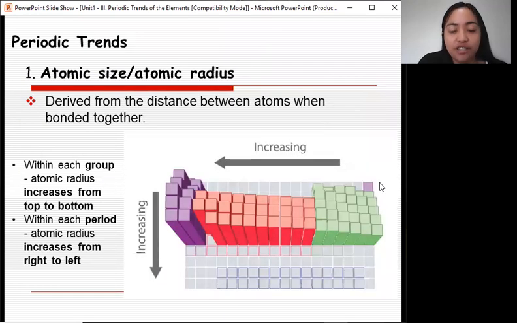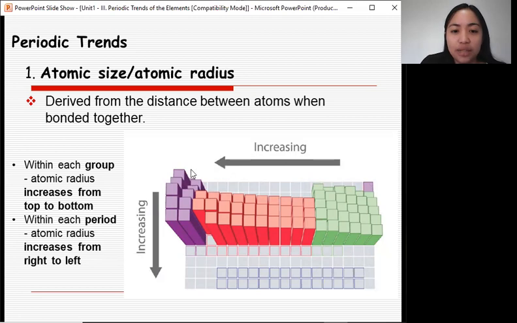So, periodic trends. First is the atomic size or atomic radius. The atomic size or radius is derived from the distance between atoms when bonded together. The trend is that within each group, meaning vertical, atomic radius increases from top to bottom, and within each period, atomic radius increases from right to left.